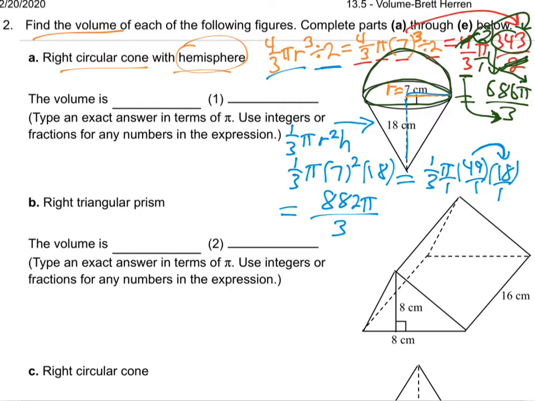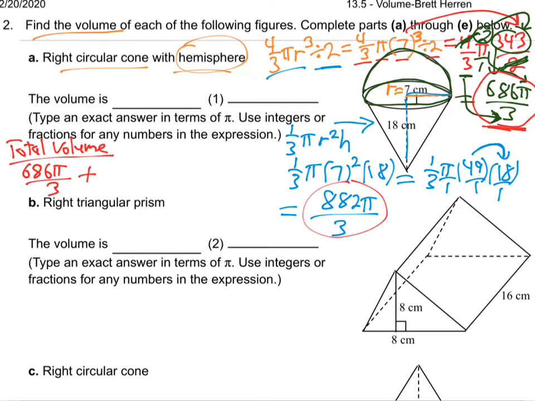Now we have to put those together. Total volume is the two parts added together. So this answer, 686 pi over 3, plus this answer, 882 pi over 3. We have to add up the half dome part with the cone.